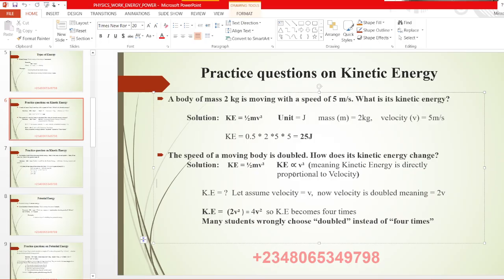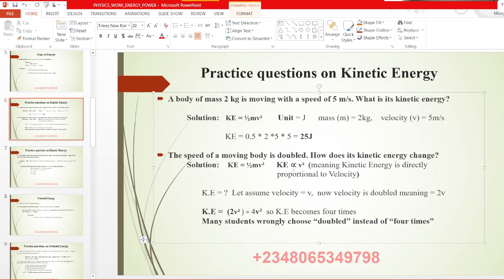But we must take note of how kinetic energy depends on velocity. Velocity is speed in a direction, meaning it is a vector quantity because it has size and direction.